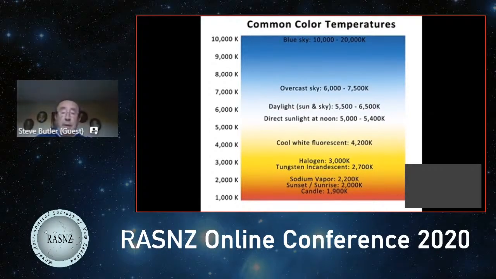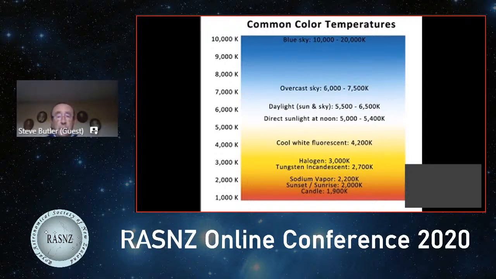To give an assessment of colour temperatures of light, this little chart gives us an overview of a measurement range based on degrees Kelvin. While it's called common colour temperatures here, the more correct term used by the lighting industry is correlated colour temperatures.